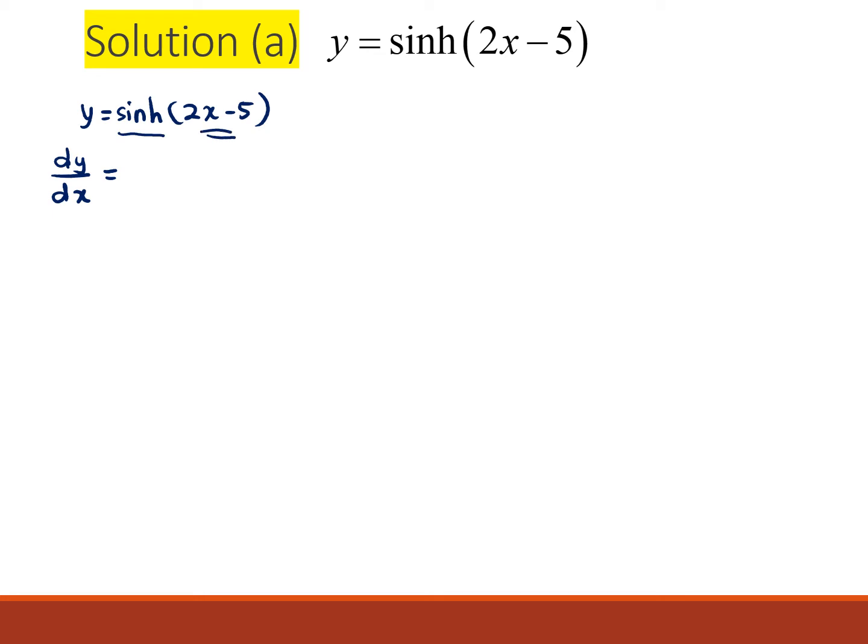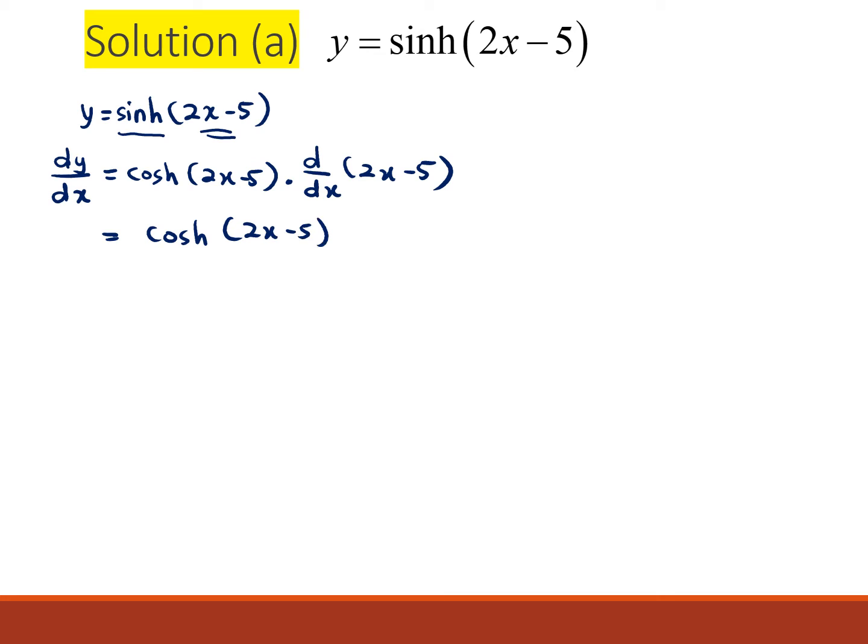The differentiation of sine hyperbolic is cos hyperbolic, but we remain with the function 2x minus 5. Then we multiply with the derivative of the inside function, which is 2x minus 5. So now we have cos hyperbolic 2x minus 5, and the derivative of 2x minus 5 is equal to 2. Now we have 2 cos hyperbolic 2x minus 5.